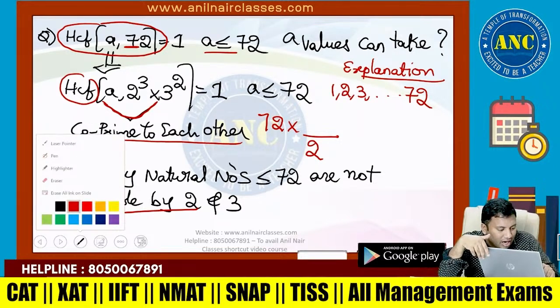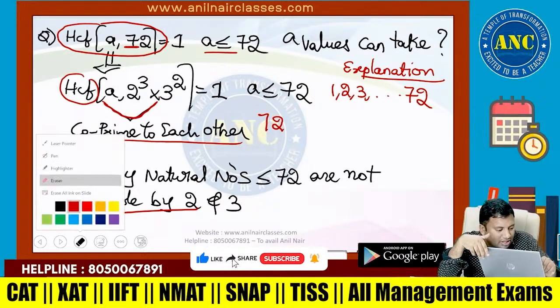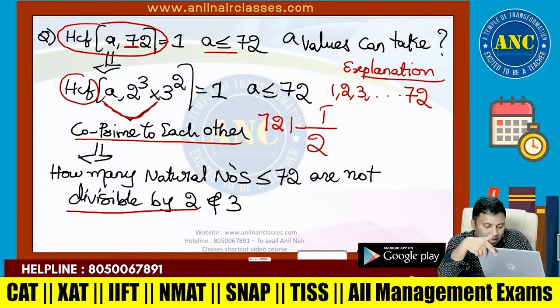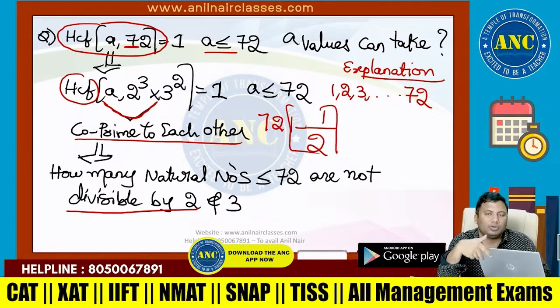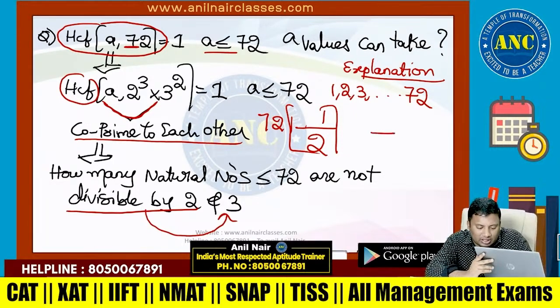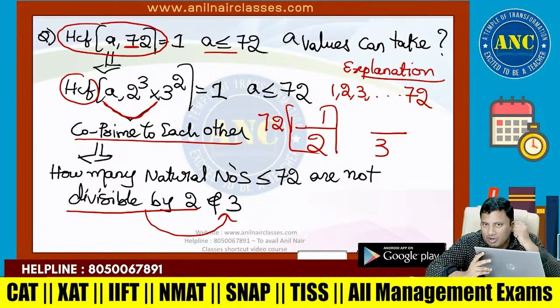That means out of every two consecutive natural numbers, one number is divisible by 2 and one number is not divisible by 2. I hope it is clear. Next, it is not divisible by 3. For every three consecutive natural numbers, 4, 5, 6, 6 is divisible by 3; 8, 9, 10, 9 is divisible by 3.